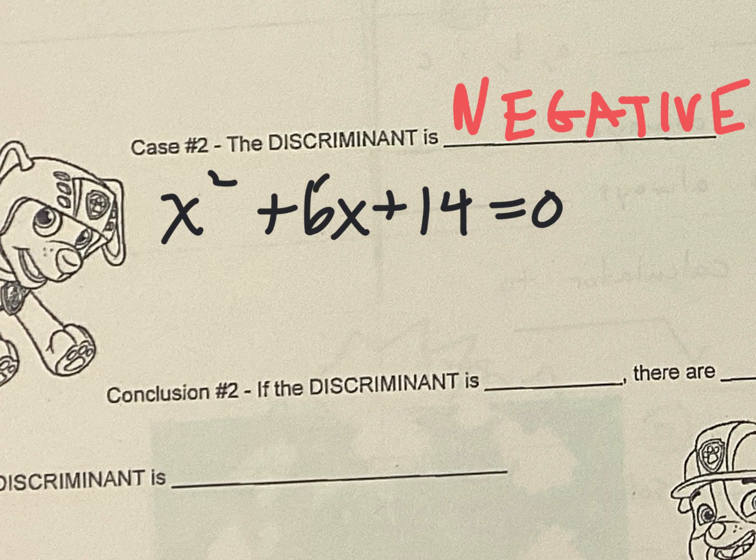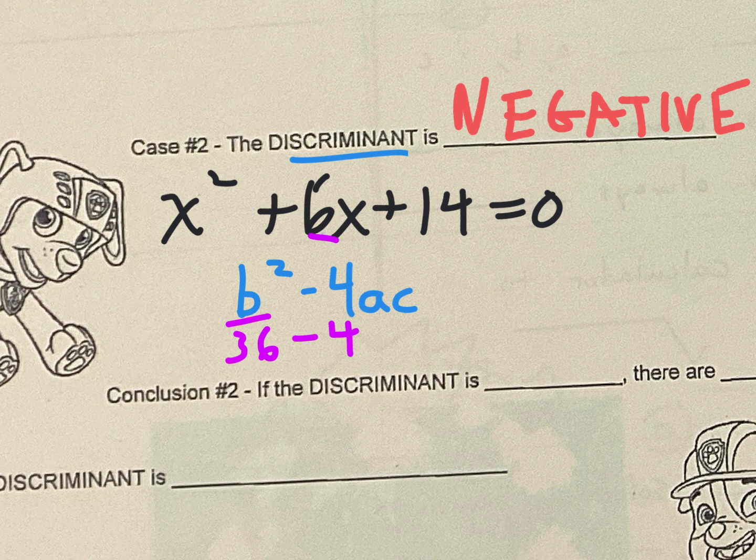When you start these problems, remember, if it asks for the discriminant, I just have to be concerned with b squared minus 4ac. That's all I'm worried about. So for me, what is b squared? That's 6 squared, that's 36. Minus 4, my a value this time is 1, and my c value is 14.